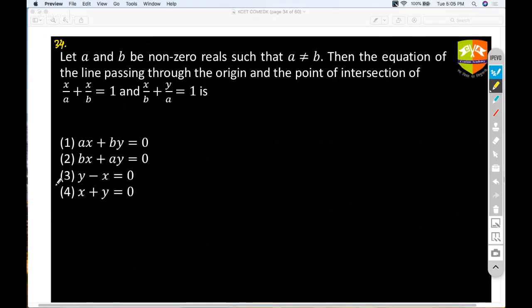Let A and B be non-zero reals such that A is not equal to B. Then the equation of a line passing through the origin and the point of intersection of these two lines.